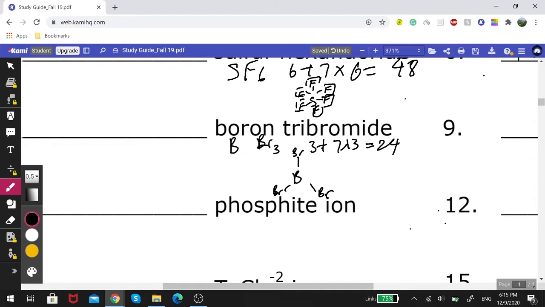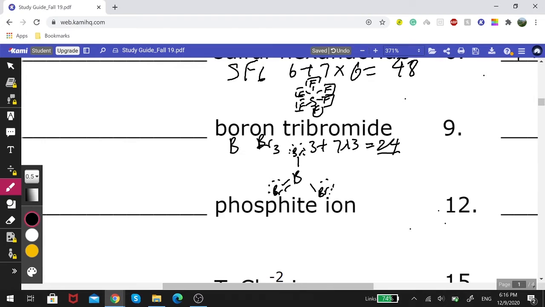If all of these are filled, we'll have 24 electrons, but the central boron will not fill the octet rule. So we're going to have to add a double bond in one of these. Actually, I'll draw it a different way so you can see how you can use both ways. But on the exam, try to stick with one way to draw them: either use lines or dots.